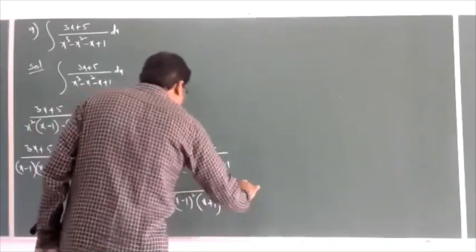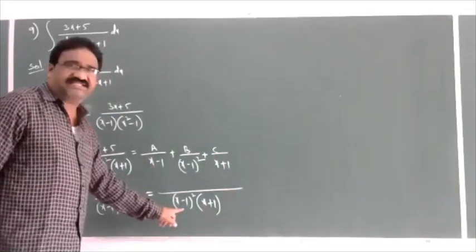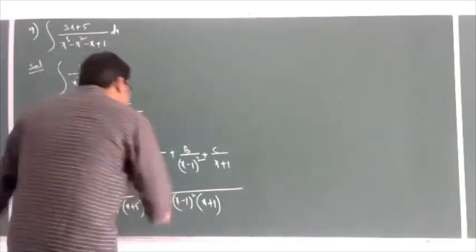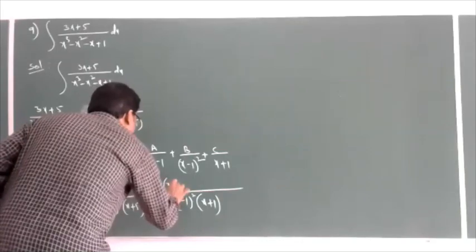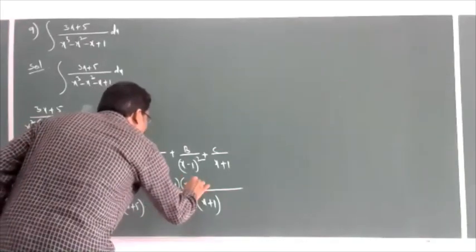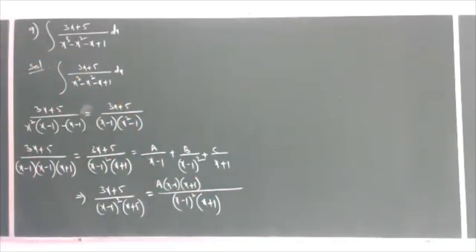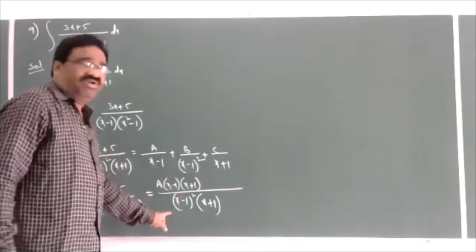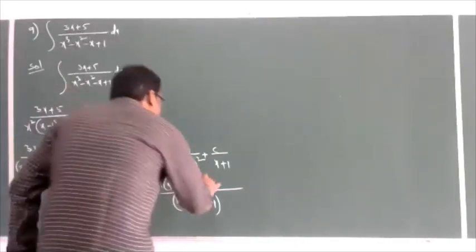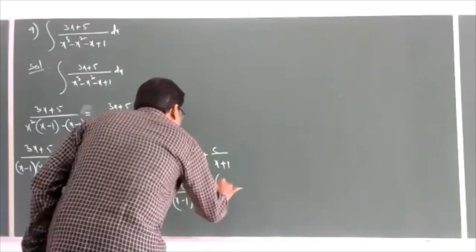In the numerator, x minus 1 on x minus 1 cancels, so you get A into (x minus 1) into (x plus 1). Here (x minus 1) whole square cancels, so plus B into (x plus 1).